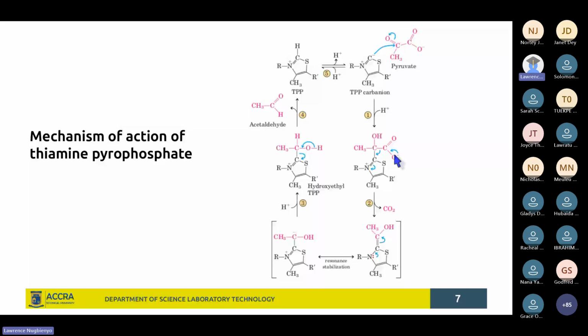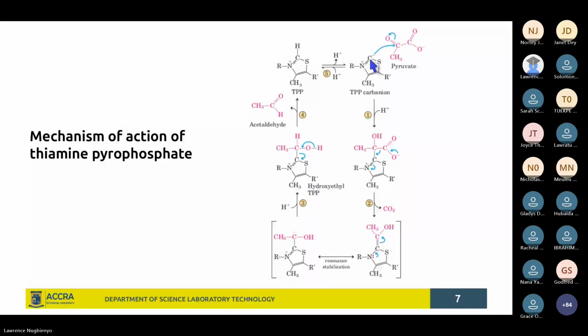And you see, we did mention the fact that when you take thiamine pyrophosphate, there is a particular portion of the molecule which was active. You remember it was the thiazolium ring. And even on the thiazolium ring, there was a particular carbon number 2, on which there was a reactive hydrogen.